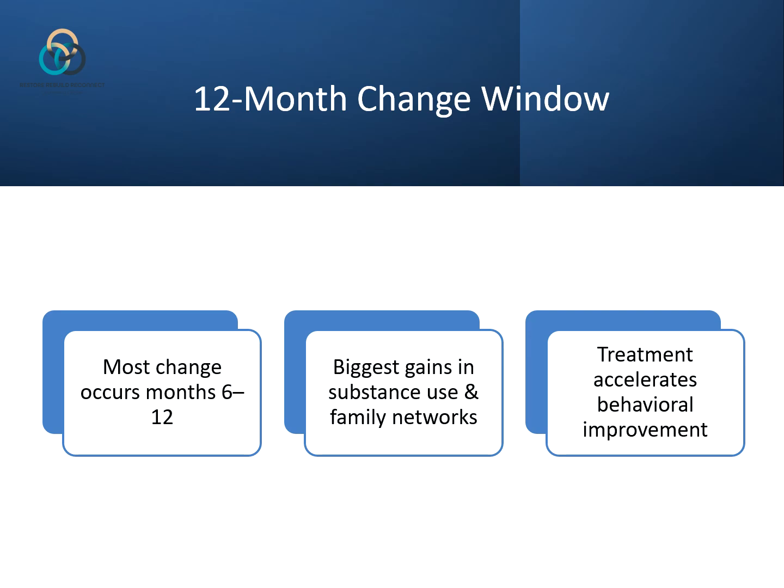And during this first 12 months, it's important for clients to be involved in some type of treatment, including groups, individual sessions, and even support groups and other things that can help the client recover and change their lives.